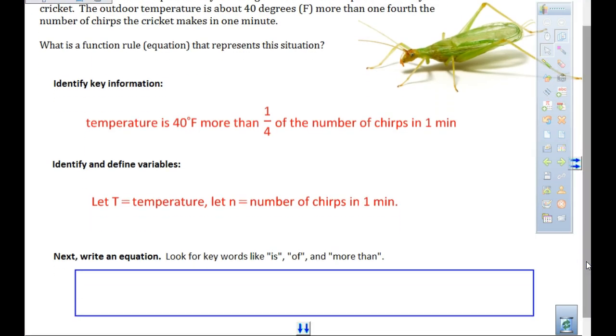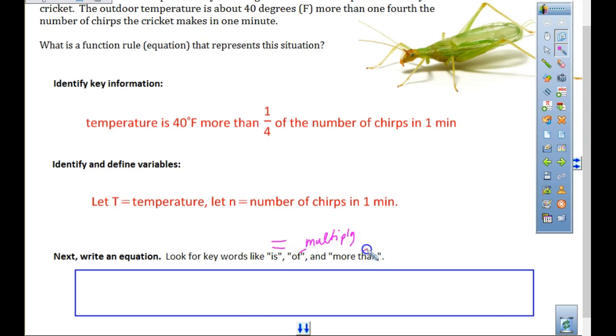So part of your assignment is going to be writing functions from a story like this and writing the equation. So we always want to look at that rule, what's our key information. So if we're going to look at it, the key word is almost always, not every time, equal. Of is multiply.